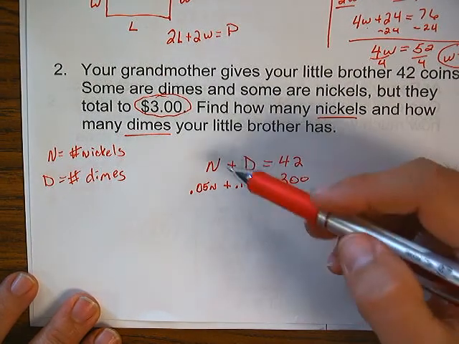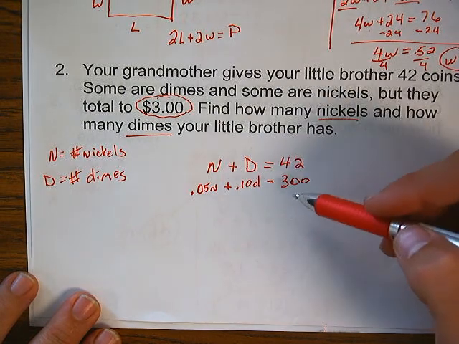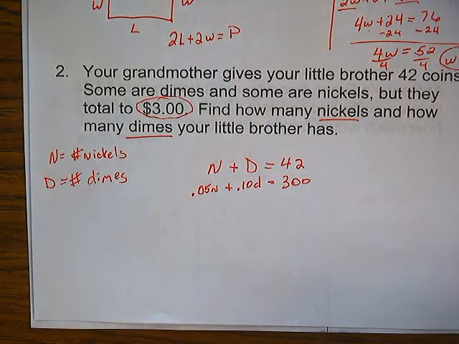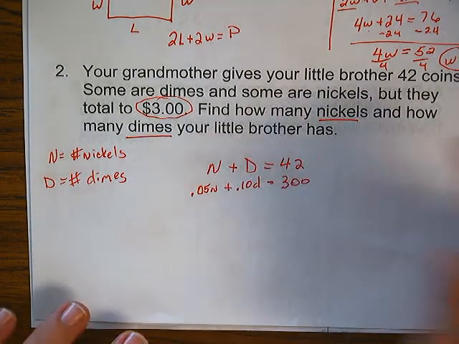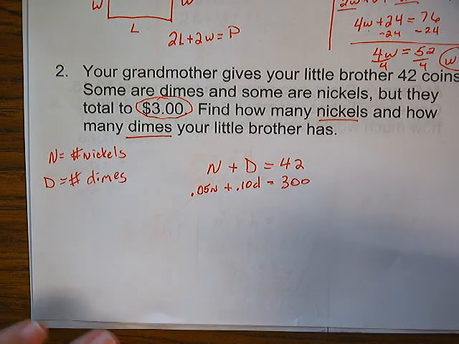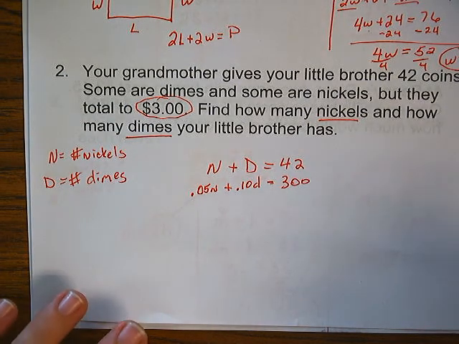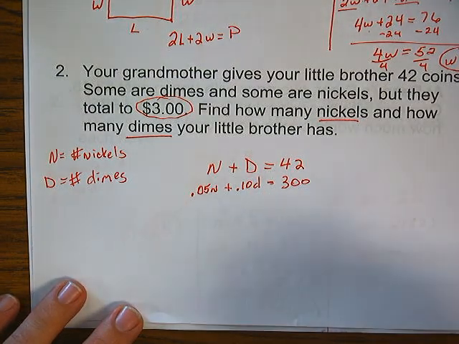Now, we notice here my N's are lined up, my D's are lined up, and it's set up for elimination. In this one we have to find both the nickels and the dimes, so it doesn't matter which one I try to eliminate. I'm choosing to eliminate the dimes.